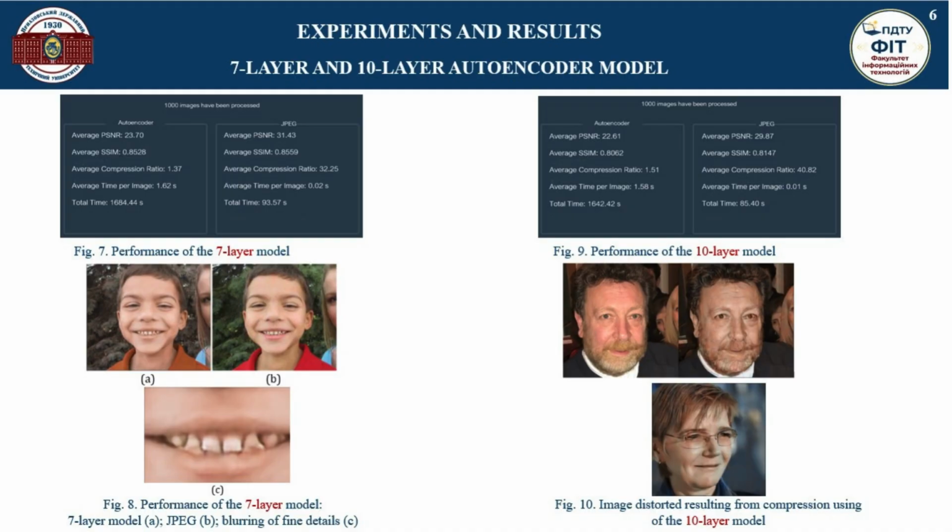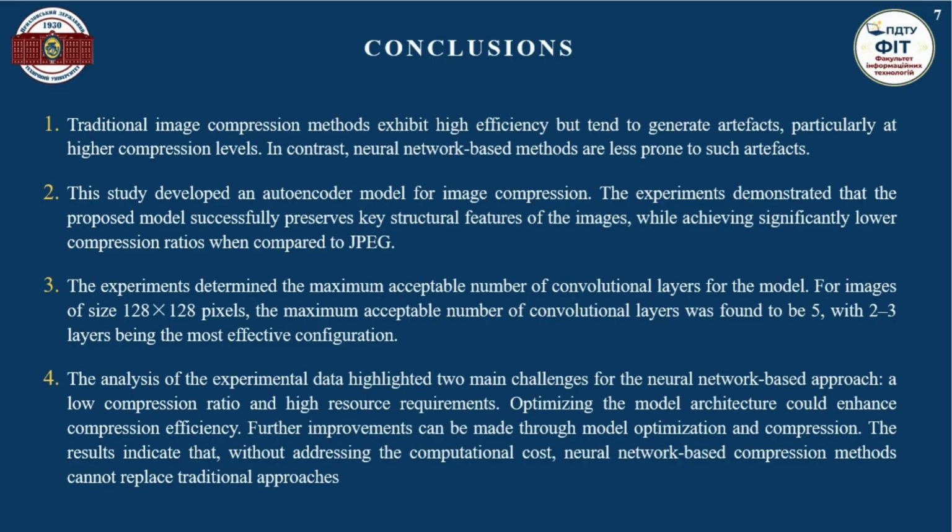The findings of this research indicate that at present neural networks are not yet able to outperform traditional compression methods, suggesting that this area requires further exploration. Neural networks can reconstruct images with adequate quality. They still fall short of the compression efficiency and computational performance offered by classical methods.